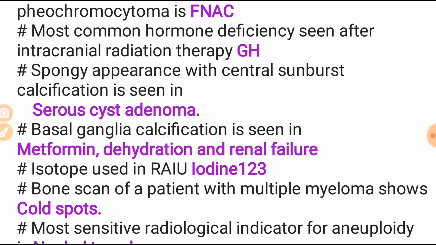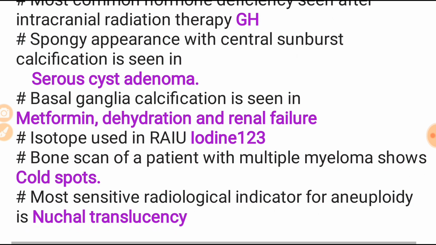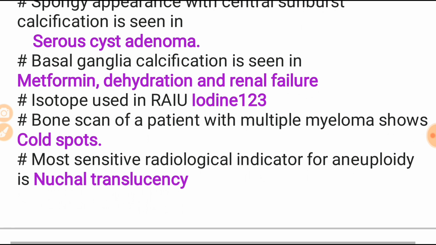That means the causes responsible for basal ganglia calcification will be hypoparathyroidism and renal failure. Isotope used in RAI is iodine 123. Bone scan of a patient with multiple myeloma shows a so-called cold spot. The most sensitive radiological indicator for aneuploidy is nuchal translucency.